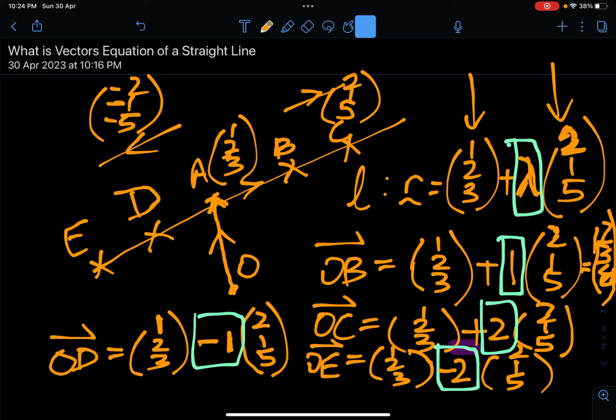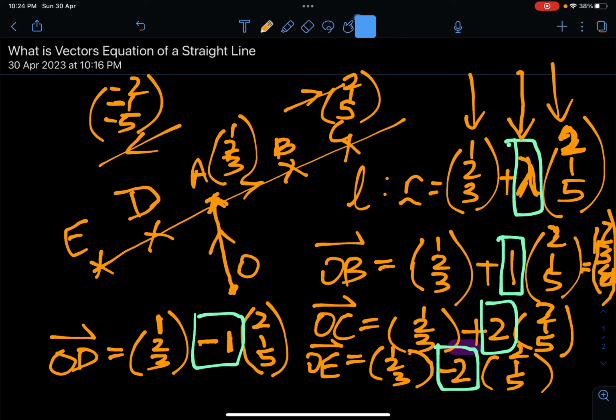So in a nutshell, the vector equation of a straight line is simply the vector of every single point on the line. By varying this lambda, every point on the line has a different lambda, a different scalar.